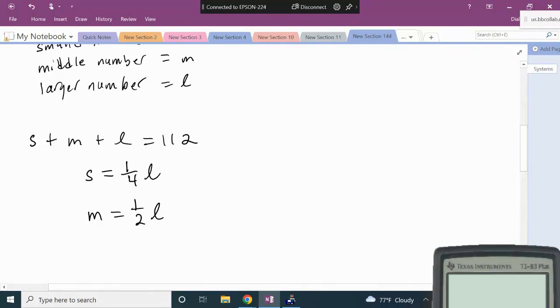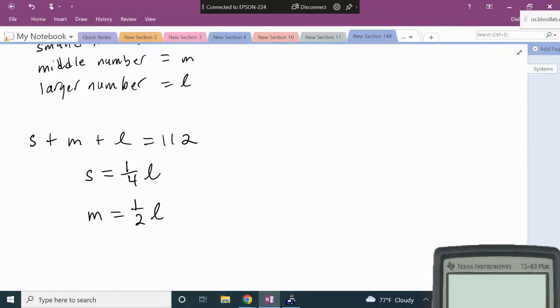So we're going to have a matrix that's 3 rows and 4 columns, a 3x4. But before we convert it, we want to make sure that all of our variables are on the same side of the equation.